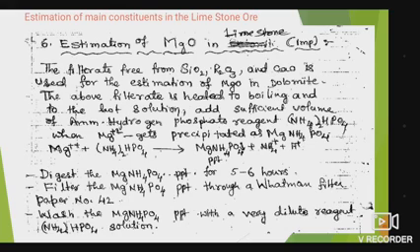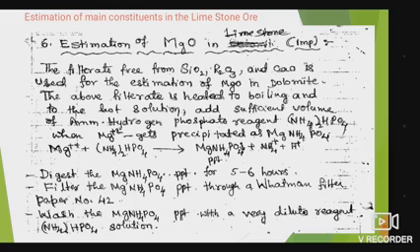Then what is the reaction? That is Mg2+ plus (NH4)2HPO4 gives magnesium ammonium phosphate, MgNH4PO4, plus ammonium ion. Digest the magnesium ammonium phosphate precipitate for 5 to 6 hours.